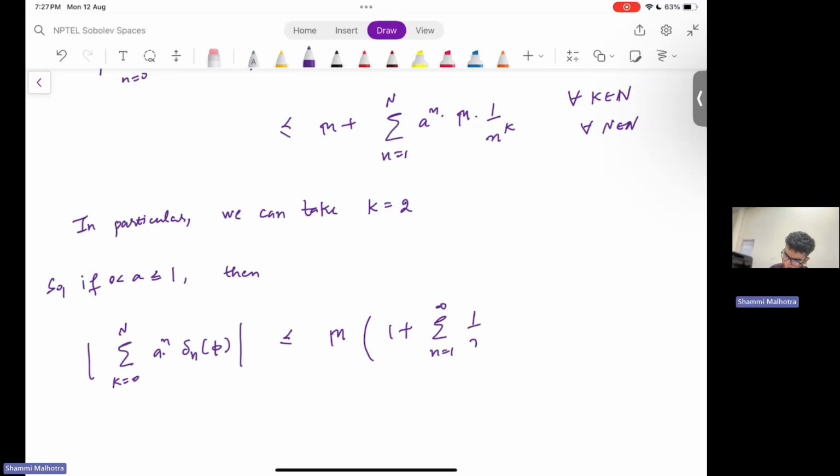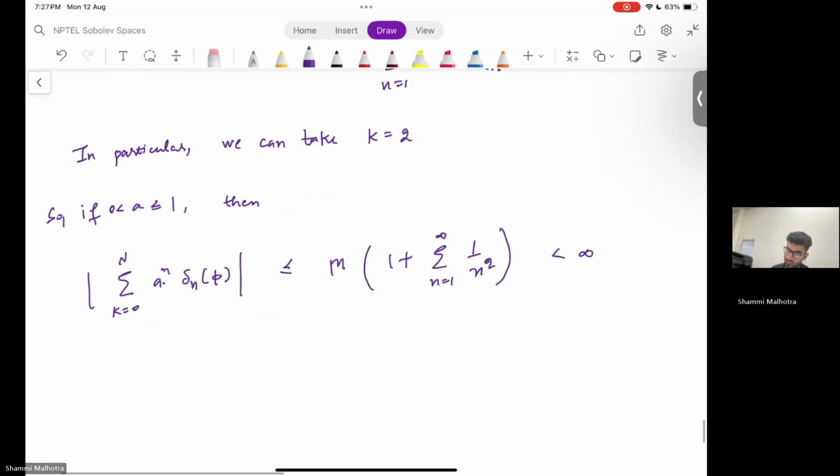So this is 1 over n squared, and this I know is finite. This holds for all a less than or equal to 1 and for all phi in the Schwartz space.